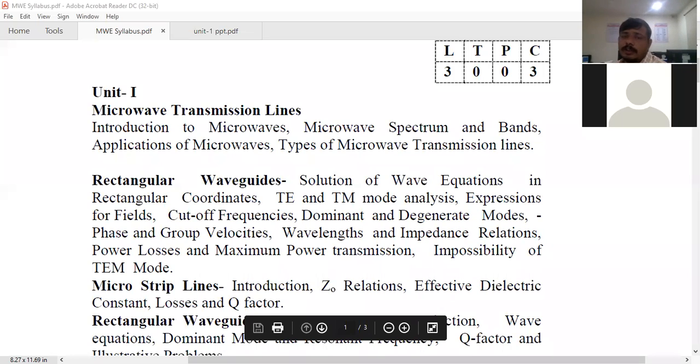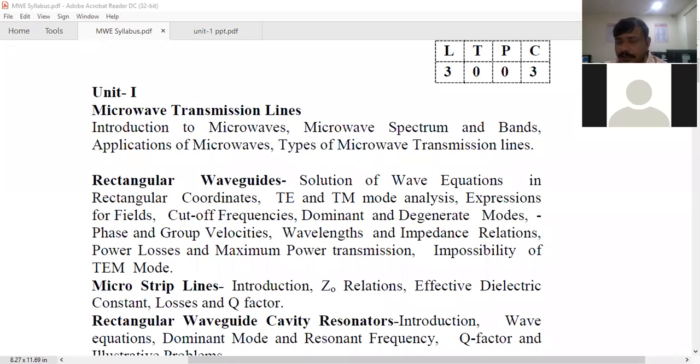Tell me, what is the range of a microwave signal? Gigahertz. 1 gigahertz to 1000 gigahertz. Very good.